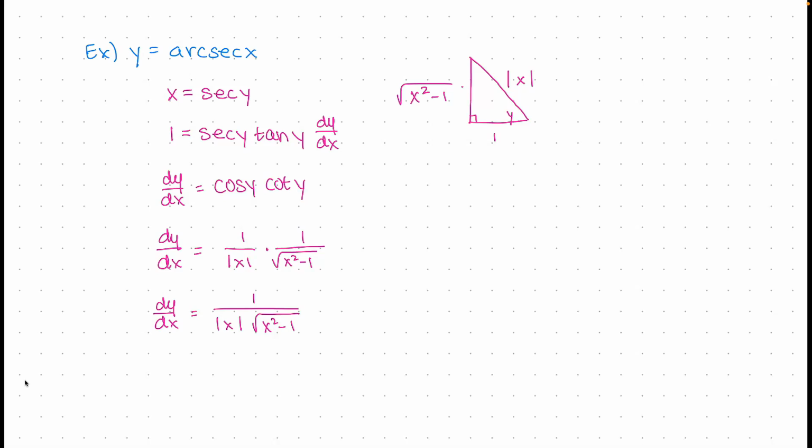The other thing, if we were to look at a graph of arc secant, the graph of arc secant is actually always increasing. There's an asymptote in the middle, but on either side of the asymptote it's increasing. And so we have to make the slope always positive.